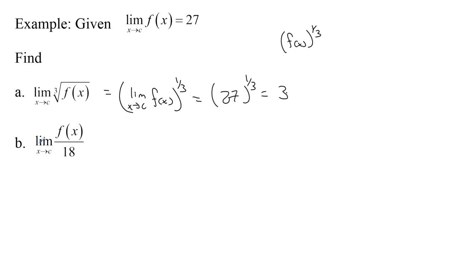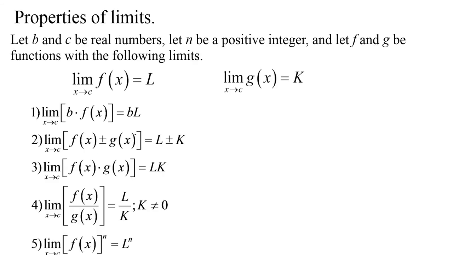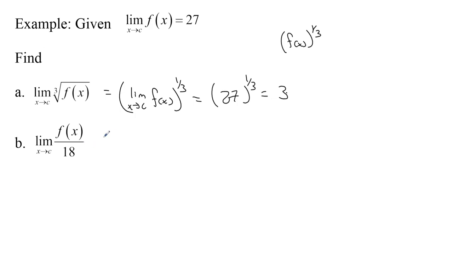Here it says what is the limit as x goes to c of f of x over 18. Now we can do this a couple of different ways. The way that I would probably see this most is using this first expression here. I have a function that I know times a constant, and that constant is 1 over 18. So I would rewrite this as 1 over 18 times the limit as x goes to c of f of x.